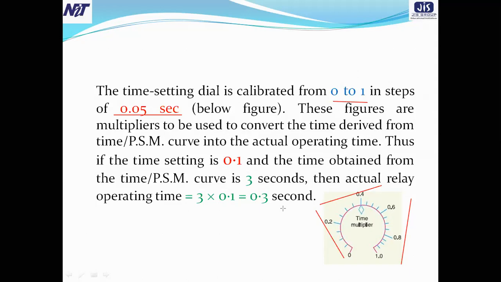A so-called time dial with an evenly divided scale provides this adjustment. So the actual time of operation is calculated by multiplying the time setting multiplier with the time obtained from the time/PSM curve of the relay. In this way we can find the value of the actual time.